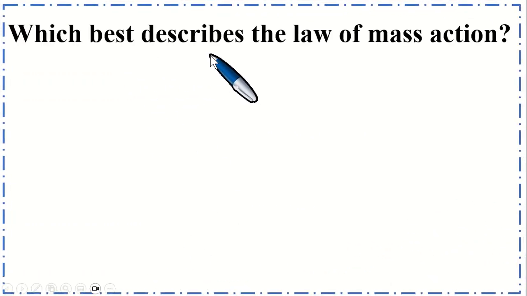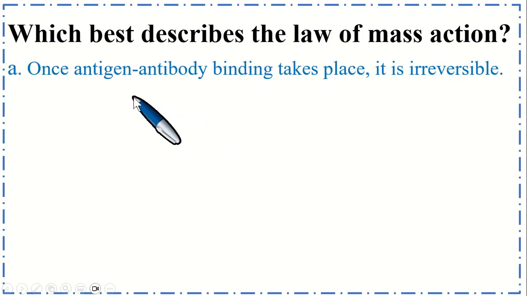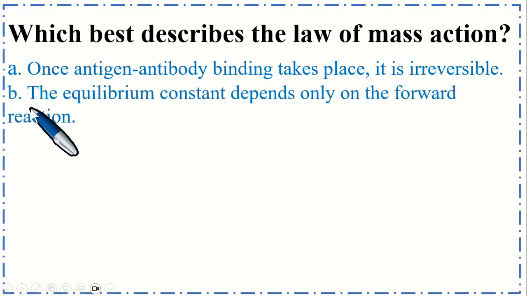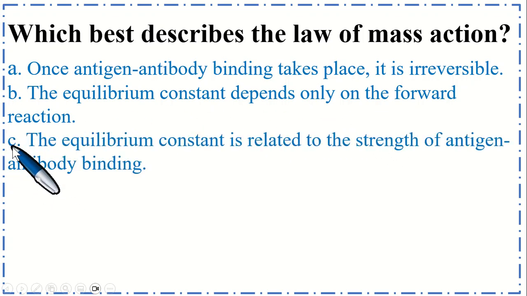Which best describes the law of mass action? Option A, once antigen antibody binding takes place, it is irreversible. B, the equilibrium constant depends only on the forward reaction. Option C, the equilibrium constant is related to the strength of antigen antibody binding.